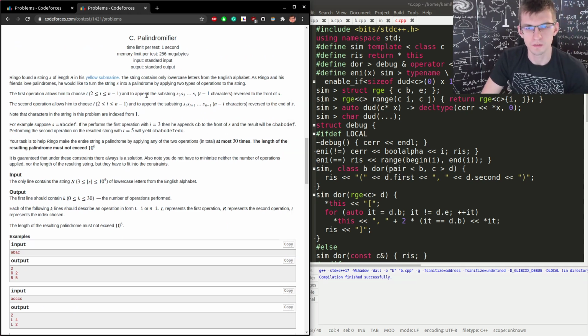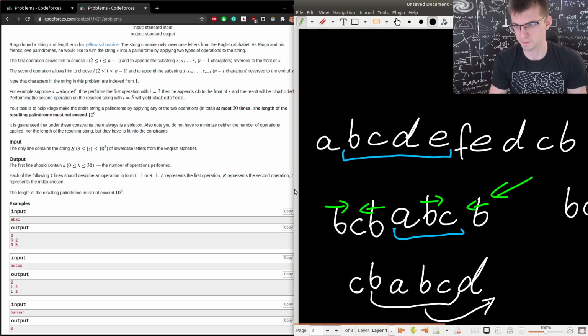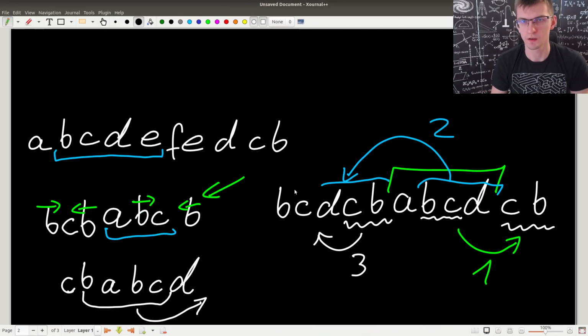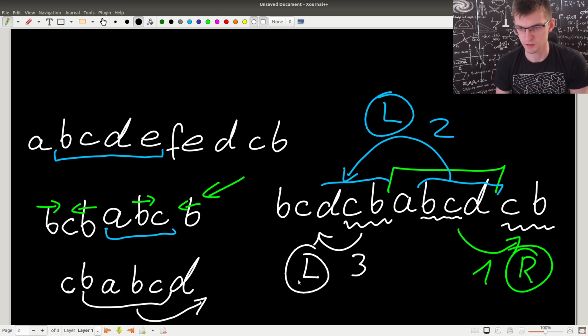Reverse to the front. L represents the first operation. So first was the green one, it's to the end, so this is R. Then the blue one was second, this is L, and the white one was third, this is L. The first one is just that.